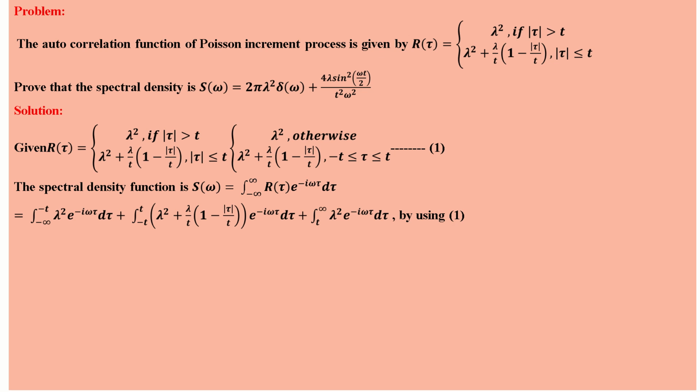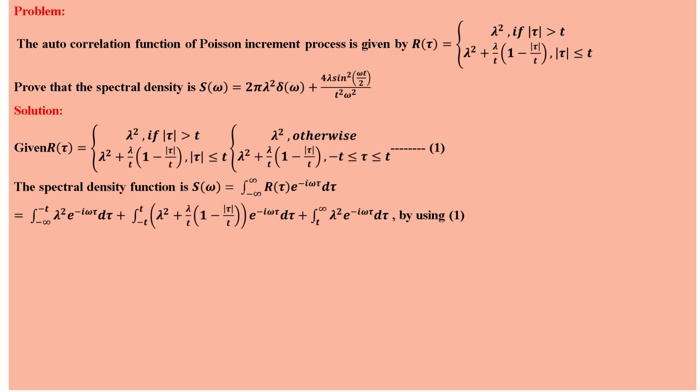What is given in −T to +T, where τ lies between −T and +T, the R value is λ² + (λ/T)(1 − |τ|/T). Otherwise, in the other area, the R value is λ².